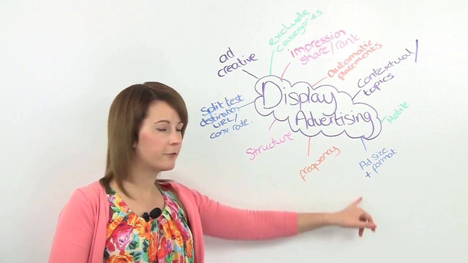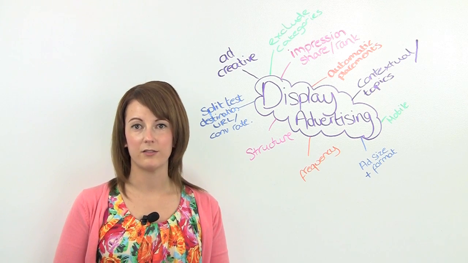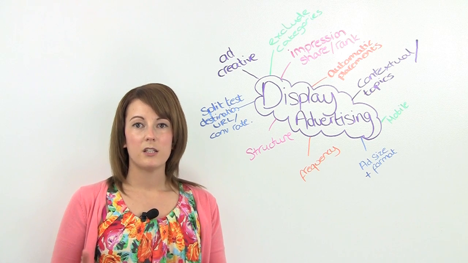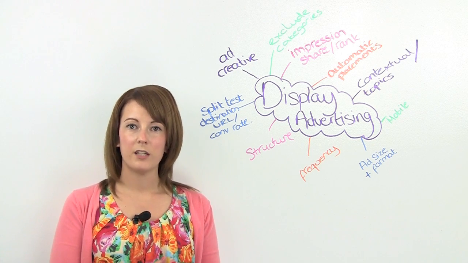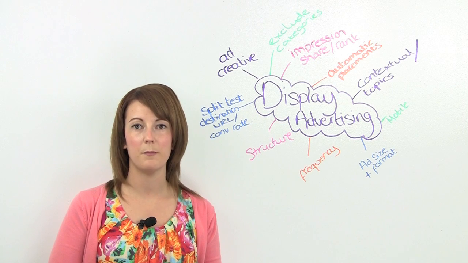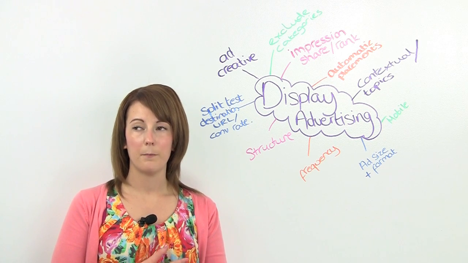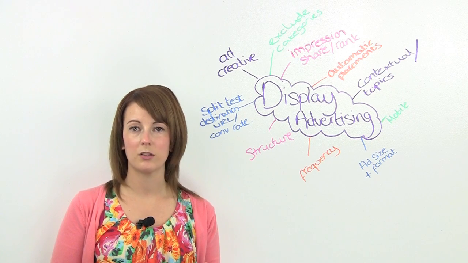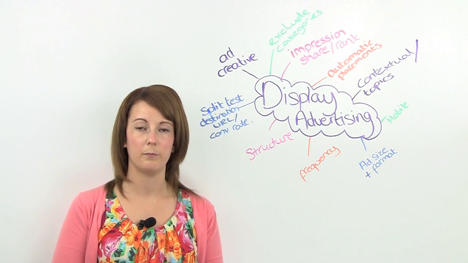So ad size and format's really important for an effective display campaign. You need to make sure you've got one of each type of ad size in each ad group. You should also try to make sure that if you use animated ads, there's always a static version in there too.